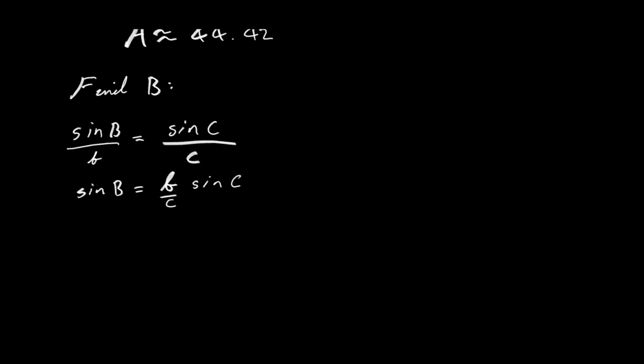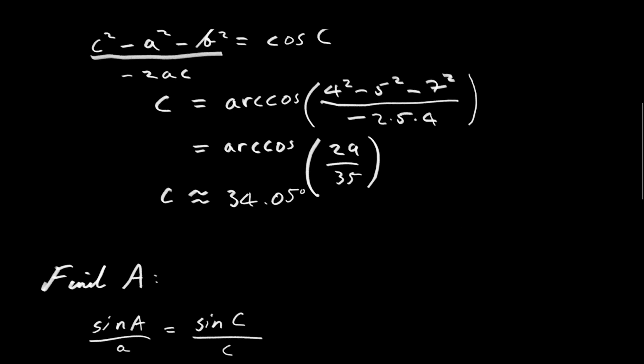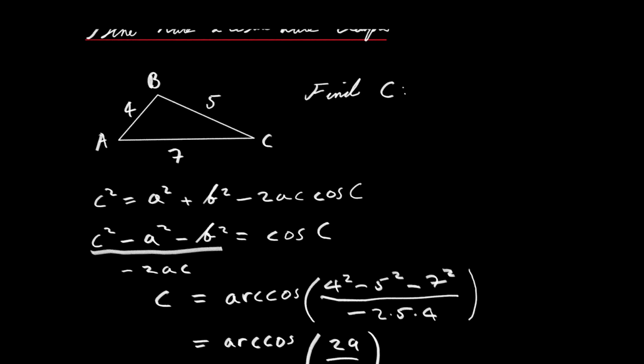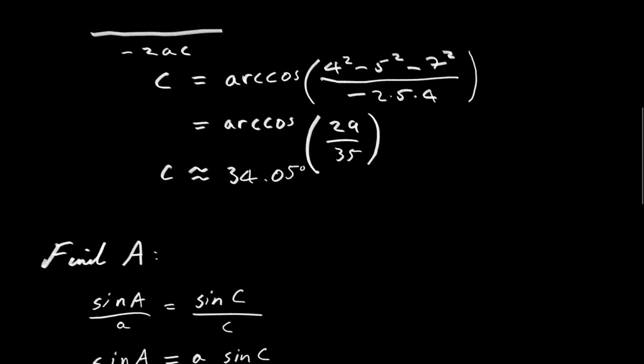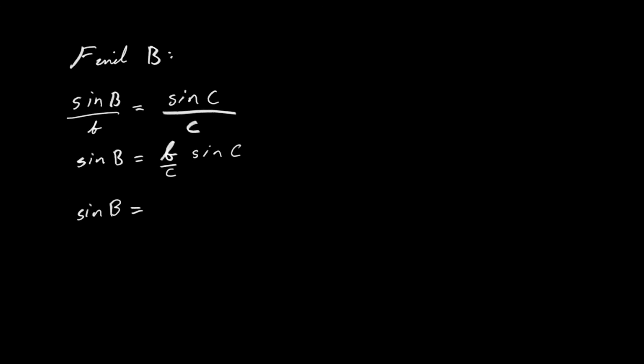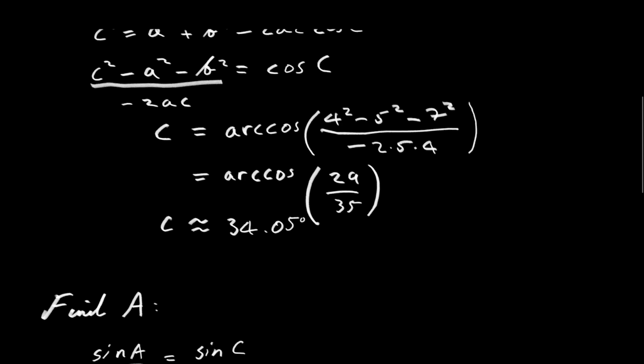Okay, let's make some substitutions now. Okay, we would have that the sine of B is equal to, well, we know what the side lengths B and C are because we know what all three side lengths are. So if we look at the triangle we were given, okay, B is 7 and C is 4. Okay, so B over C is 7 over 4, times the sine of C. Well, we found C earlier.